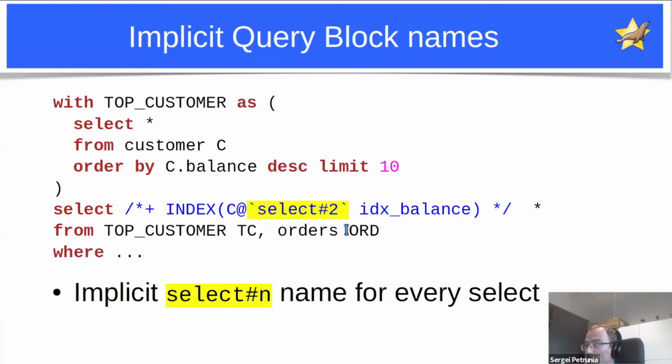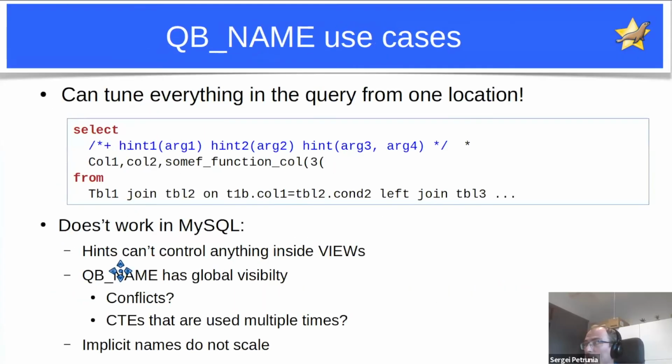So this way you can use an implicitly assigned name to control something. The use case for this is that you can tune everything in the query from one location, like here. You can just write a set of hints in one place, and that tunes all the aspects of the optimizer behavior.